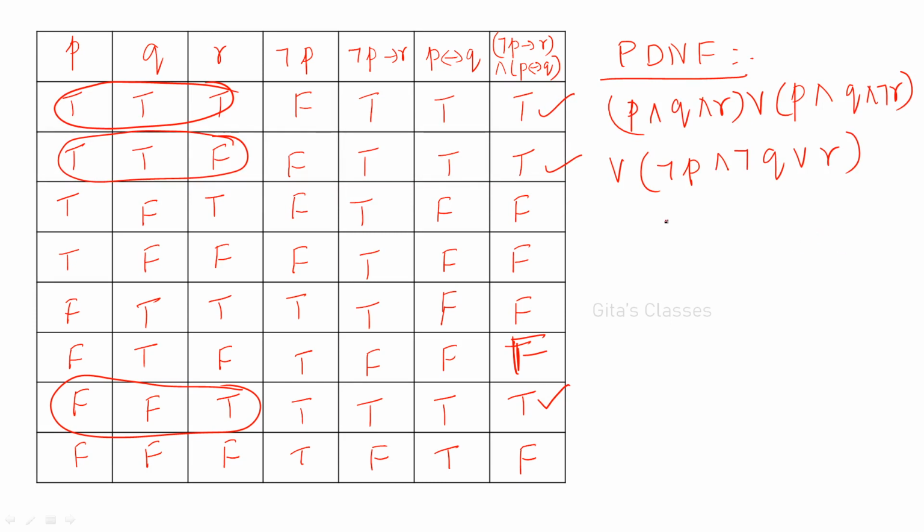Right? Similarly, how will you write the PCNF now? You consider the remaining F terms, so you will get the required PCNF. For F, if you have F you write the variable as it is. If you have T you take the negation.